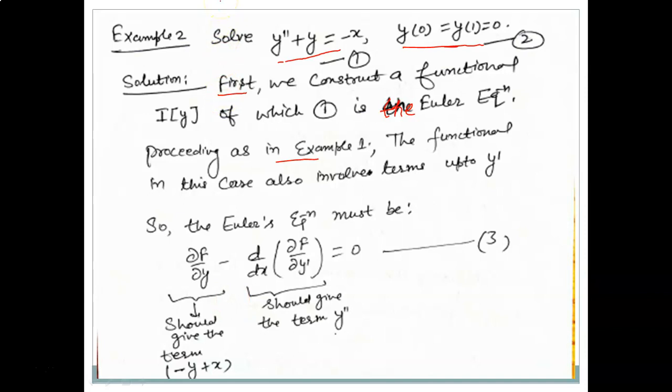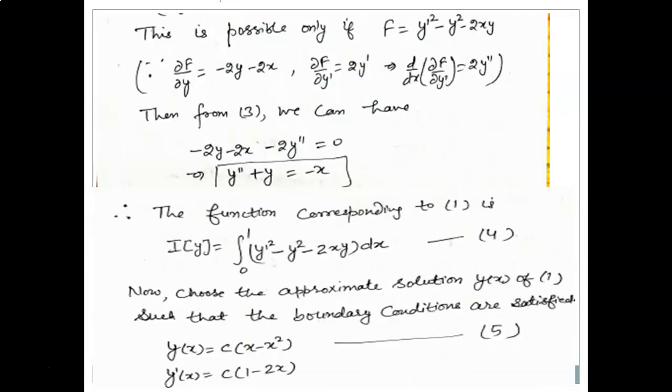So how can we obtain this type of situation? Here if we choose f equal to this thing, then you can easily see this equation gives you the Euler equation in this form, which is our given boundary value problem. So that means you have obtained the value of f.